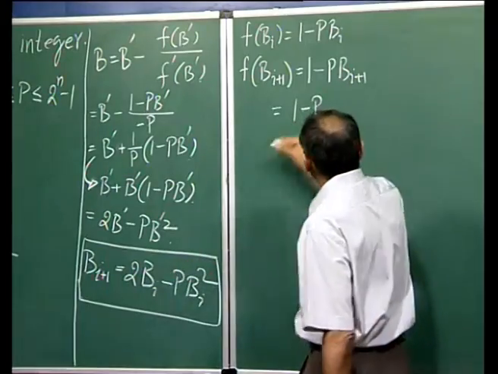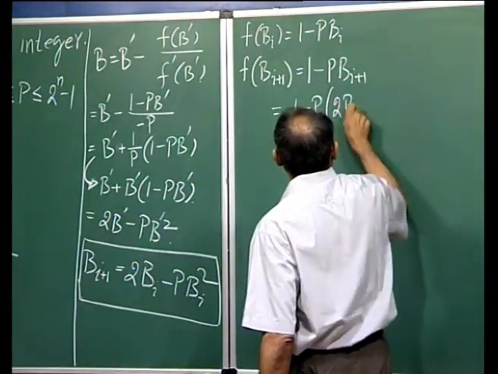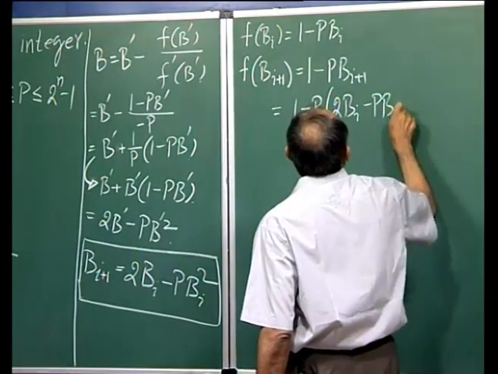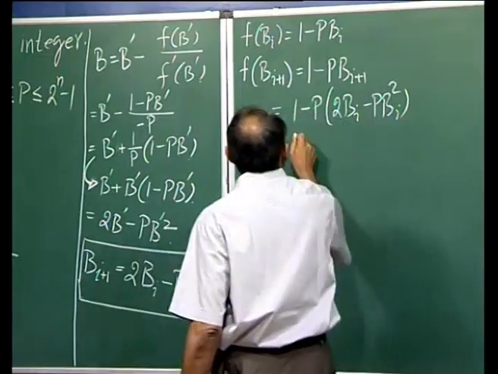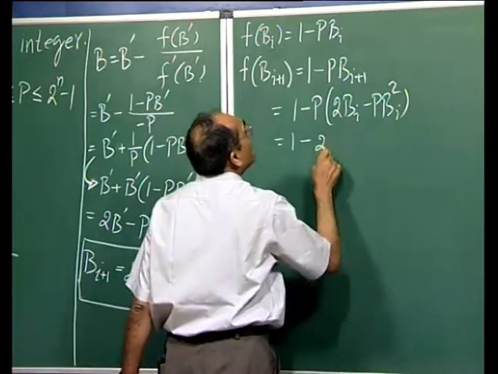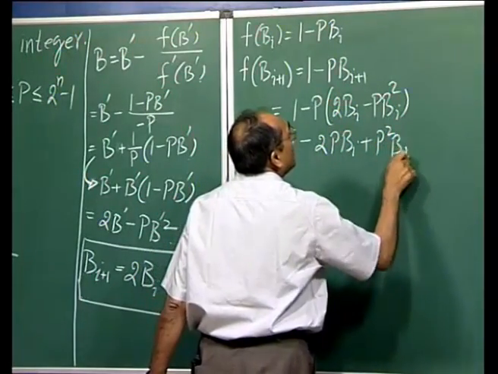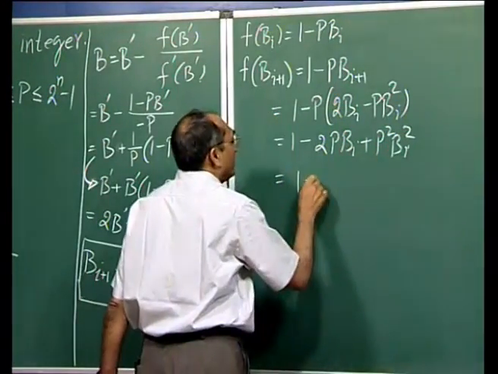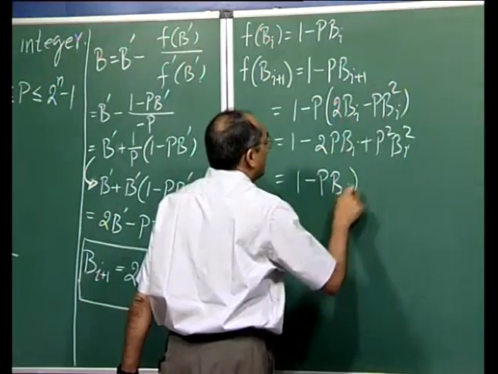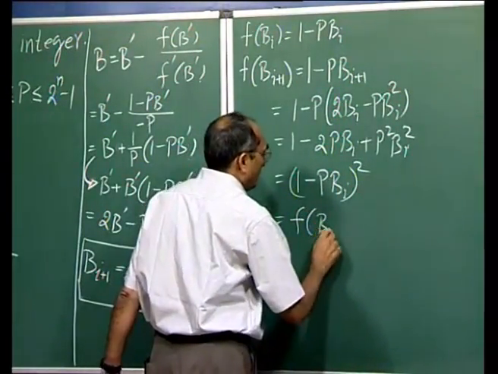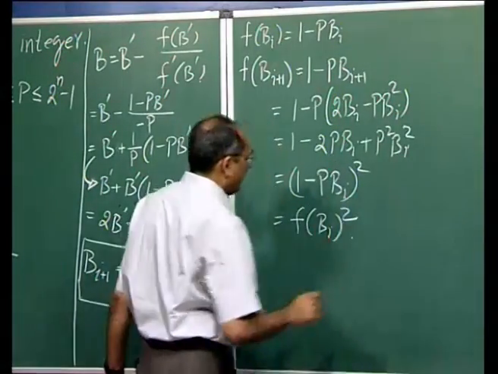We plug in this value 2 b I minus p b I square, and that is 1 minus 2 p b I plus p square b I square, and that is 1 minus p b I square, which is f of b I square.